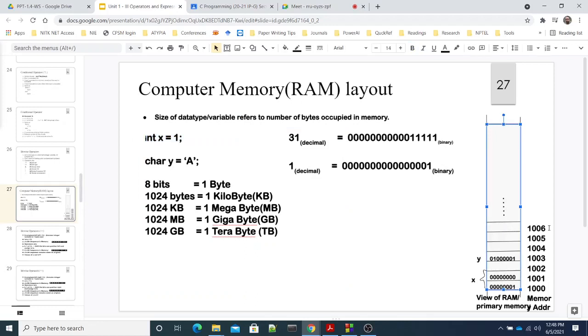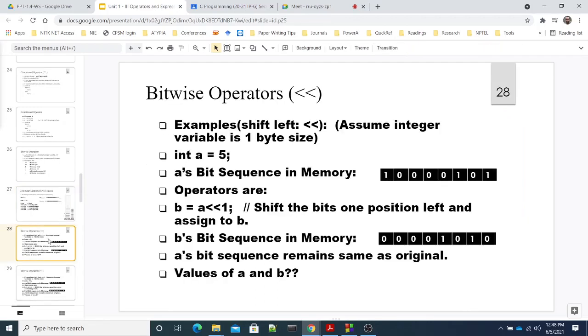Say the byte at index value 1006, 1 byte, and 7 zeros followed by 1 will be stored there. So my basic assumption now is that the integer data type is 1 byte, just to demonstrate bitwise operators. Okay, so we'll take up the bitwise shift left operator.